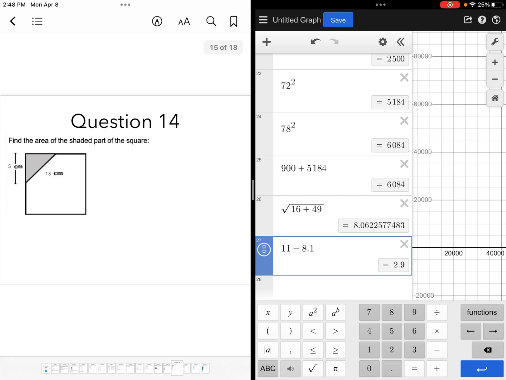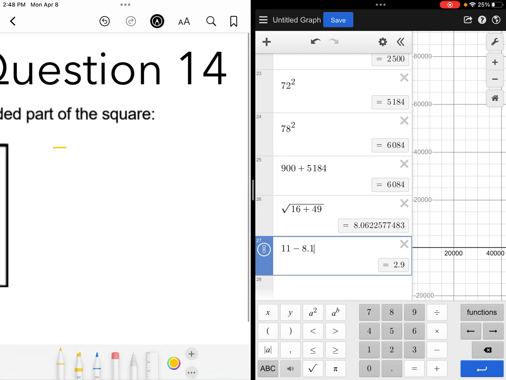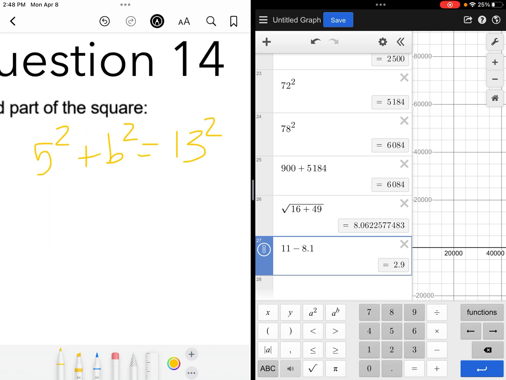All right, find the area of the shaded part of the triangle. So I know I have 5 squared plus b squared equals c. Nope, I know what c is. 13? Yep. So 25 plus b squared equals 169.